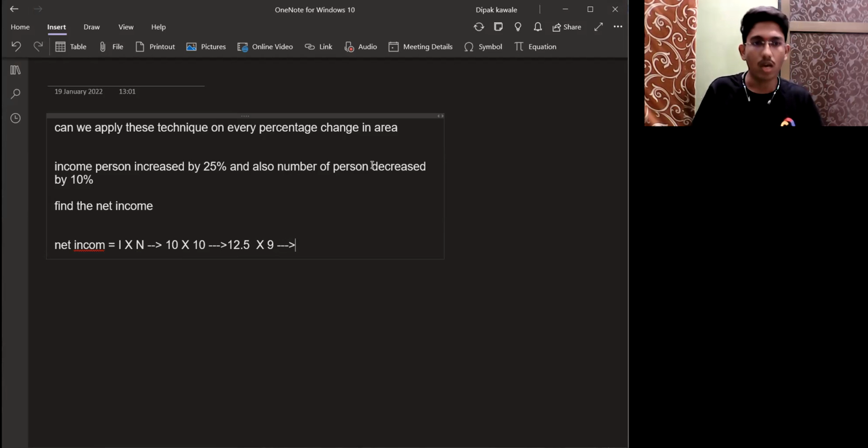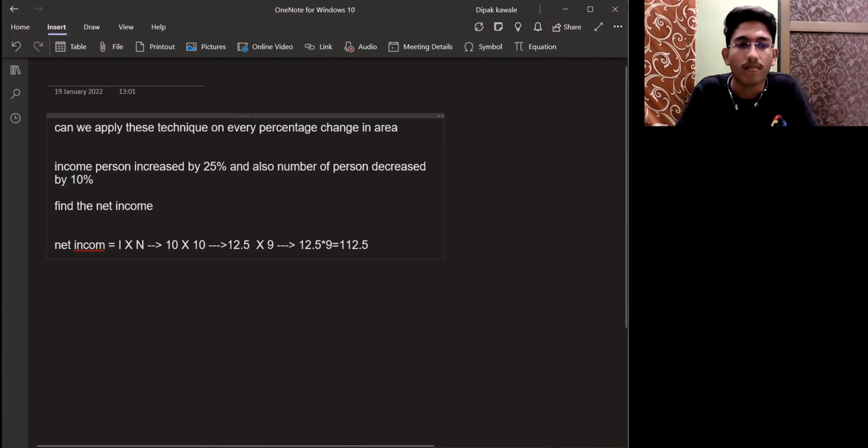Okay, so 12.5 multiplied by 9 is nothing but, let's do the multiplication. If 12.5 was multiplied by 10 it would be 125, but it is 9, so it will be something around 112.5. Yes, 112.5.